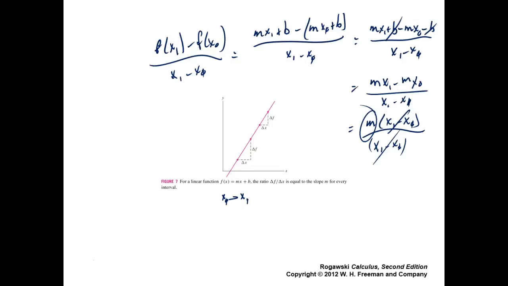The first: average velocity is equal to the slope of the secant line between 2 points on a graph. What graph are you talking about?